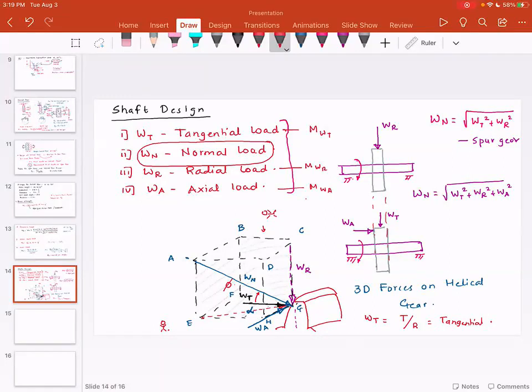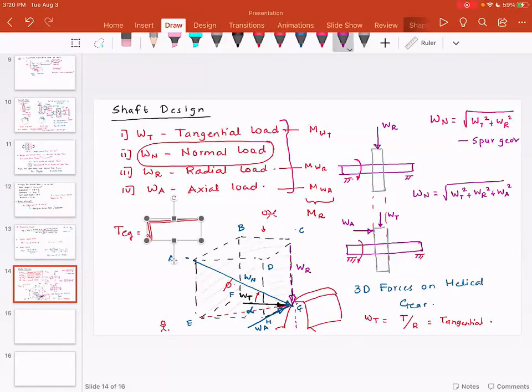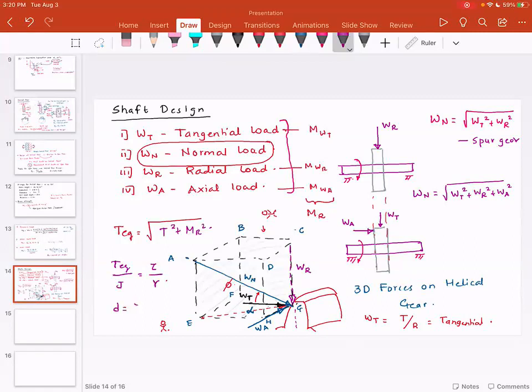So you have to find out the resultant moment, and then we have to find out T equivalent, which is square root of T square plus M square, and then use the equation and then find out the value of the diameter. So this is the overall procedure for helical gear design.